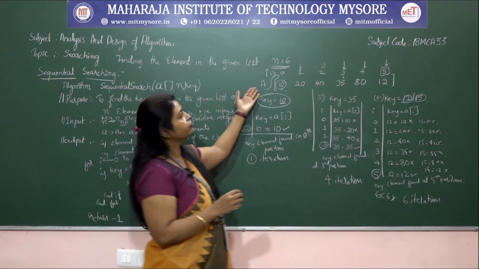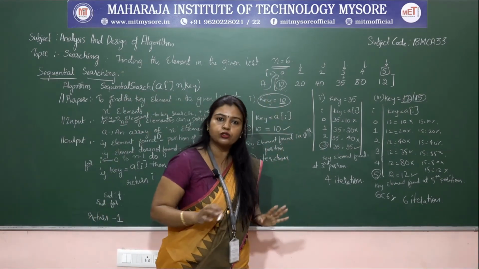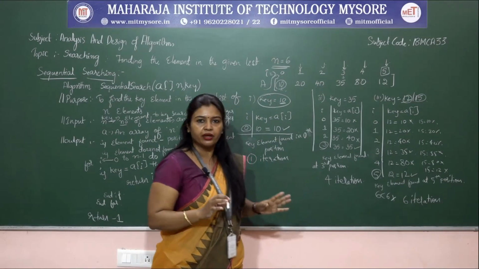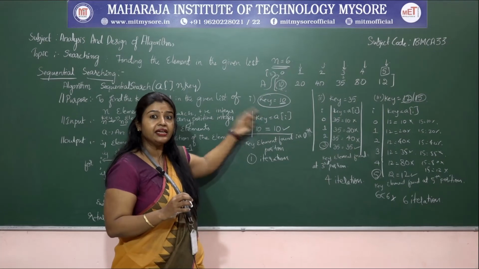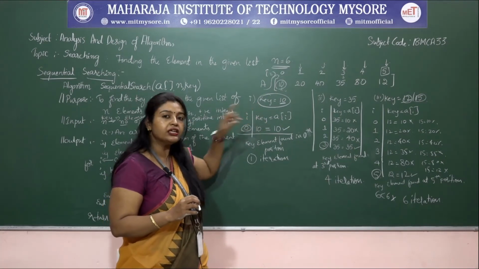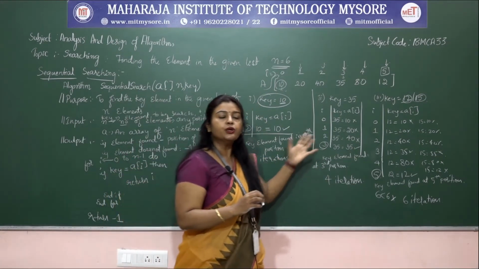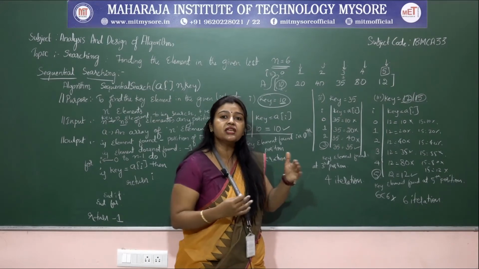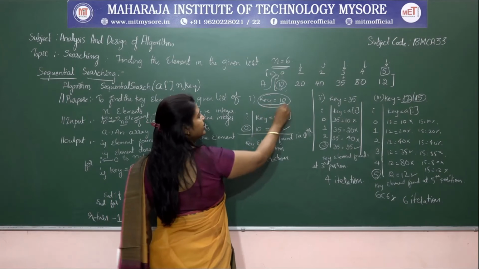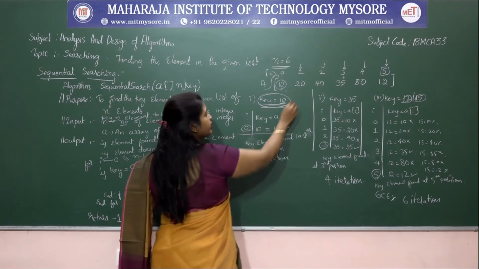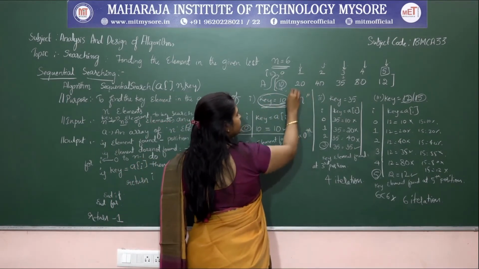Of course, if you take a different array value also, then also it may vary, okay? But here it is a single array, and I have taken a different key element. So based on the key element, what is happening? Your number of executions is controlled, okay? Based on the key element along with your input size n.